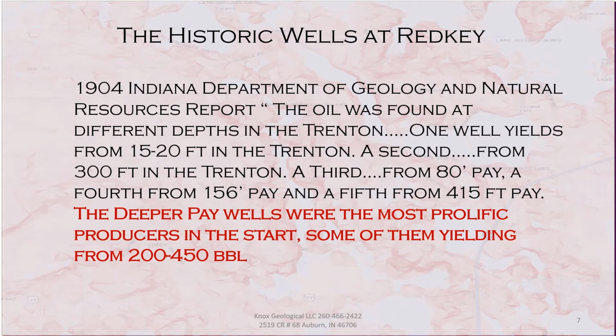The historic wells at Red Key were found in Jay County. In Jay County, there were numerous pays, and the Knox erosional remnants were in the fifth or last pay at 415 feet. The Department of Geology and Natural Resources report states the deeper pay wells were the most prolific producers at the start, some of them yielding from 200 to 450 barrels of oil per day.